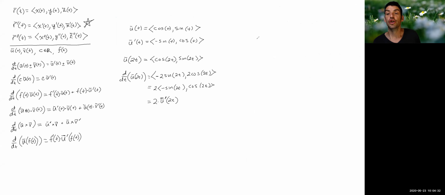And notice what that did. It also had the effect of multiplying our derivative by 2, right? So one way we can think about this is when we multiply by 2, we are doubling how quickly we go through inputs.